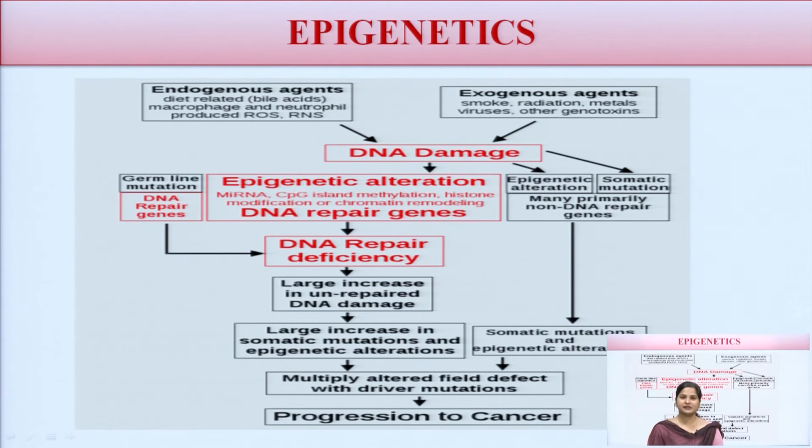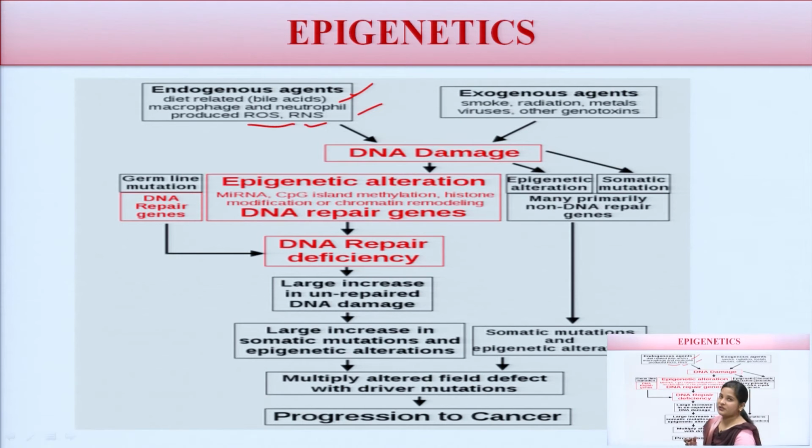So, this is a flow diagram of epigenetics, which discusses endogenous agents, which occur inside the body, or exogenous agents, which are exposures from outside the body, right. Endogenous agents are, for example, diet-related factors like bile acids, and macrophages and neutrophils producing ROS or RNS, reactive oxygen and nitrogen species.